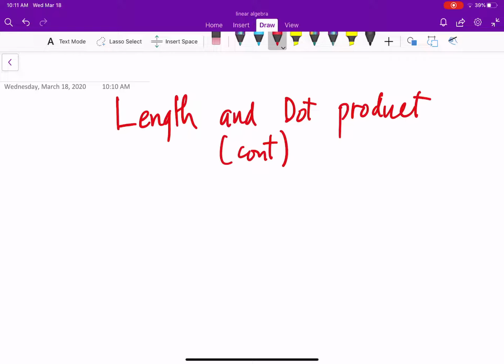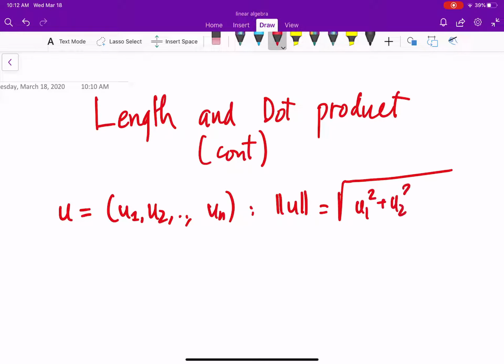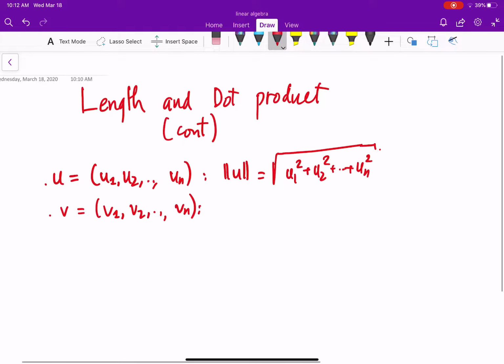Okay. So for vector u, u1, u2, and un, we define the norm or the length of u, that is square root of u1 square plus u2 square and so on plus un square. Okay, and if we have another vector v1, v2, vn, we can define the distance between u and v.